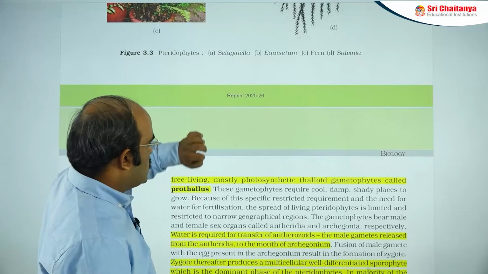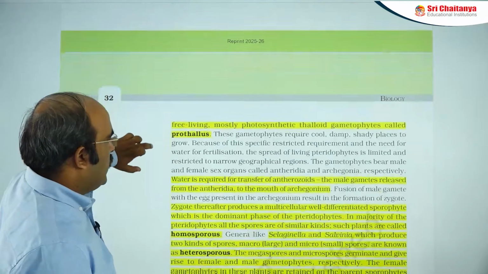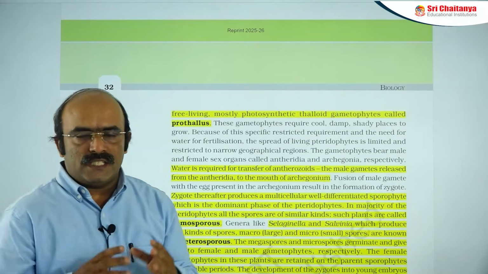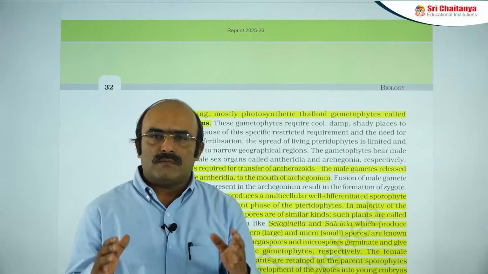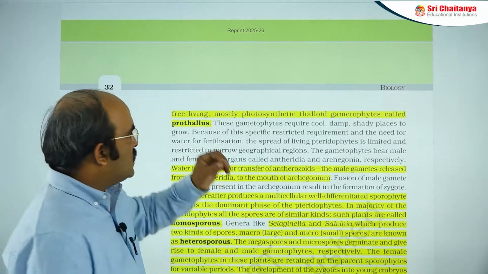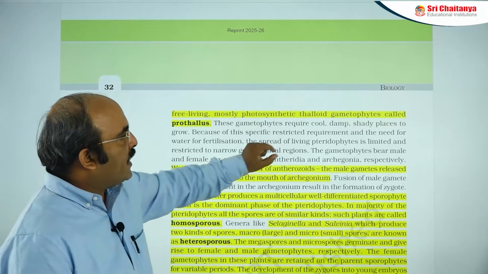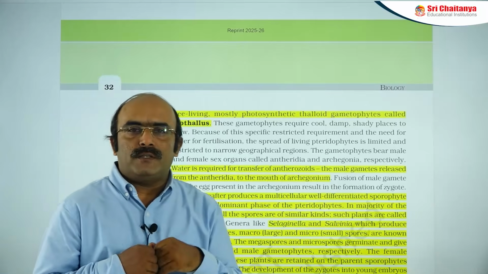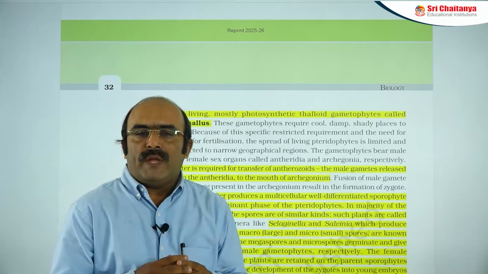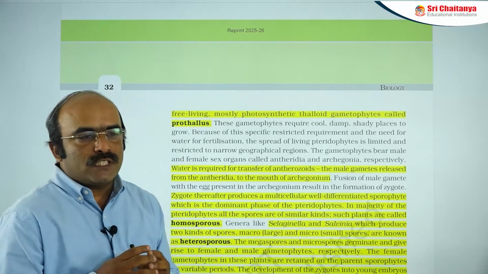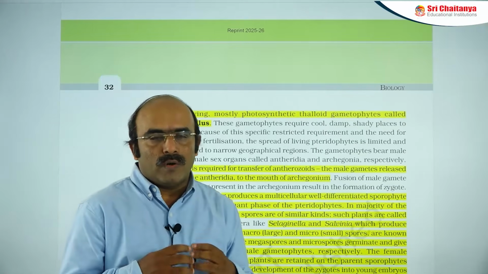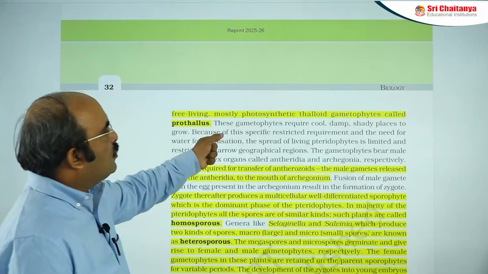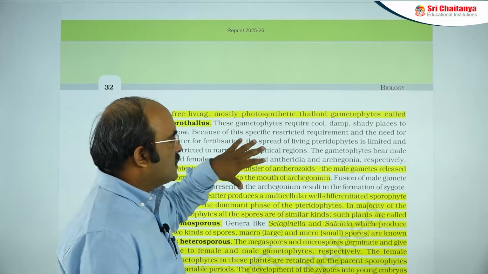Now, let us just complete this and then go to the diagrams. Now, the distribution of pteridophytes is restricted to only certain parts of the globe. The reason for this is that the gametophytes require cool, damp, shady places, but they don't prevail everywhere. So, wherever the gametophyte is able to survive, there you could observe more typical presence of these pteridophytes, because the gametophyte requires certain conditions for its survival.